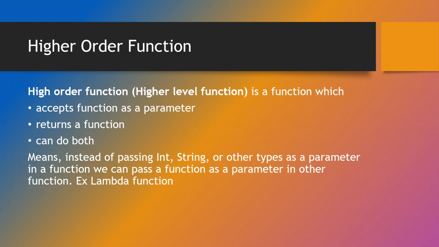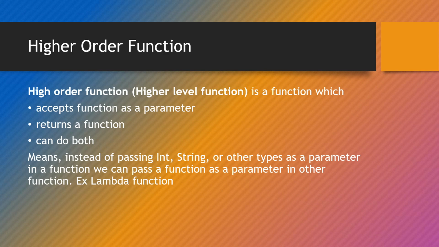Now let's jump on higher order functions. So what is a higher order function? A function which accepts a function as a parameter. Like in parameters, if we are passing integer, string, but in higher order functions we can pass functions as a parameter, or if it returns a function, not string, not integer, it also returns a function.